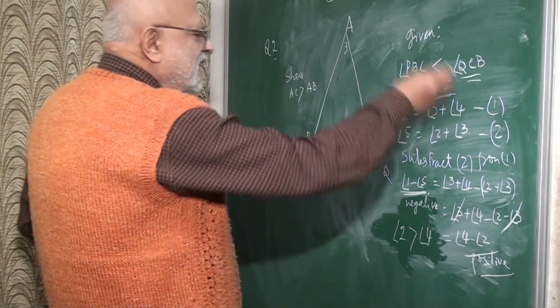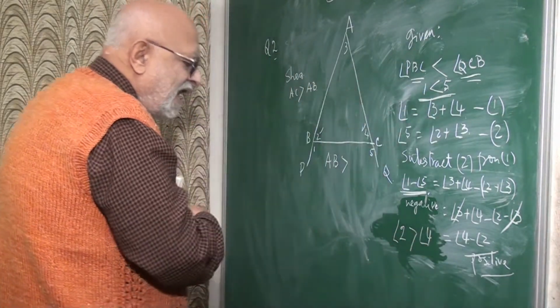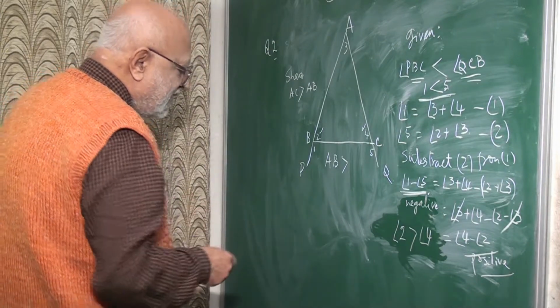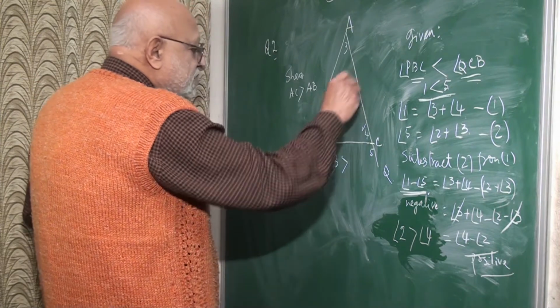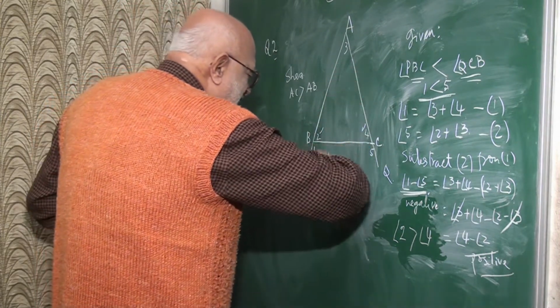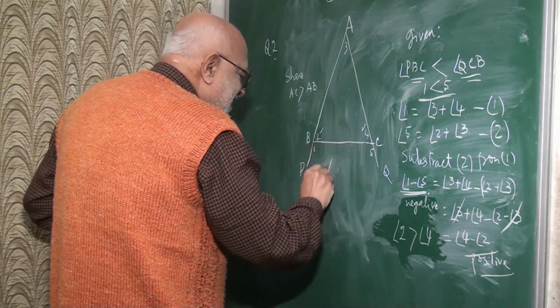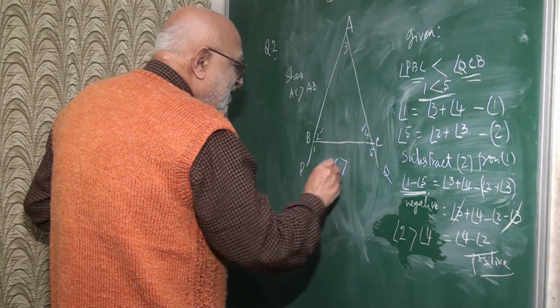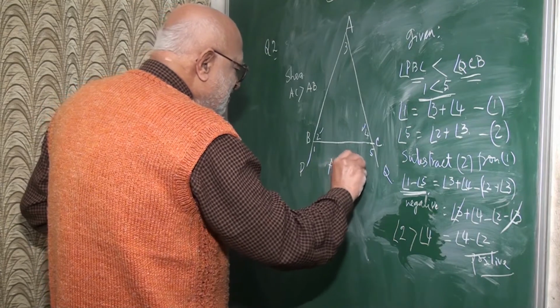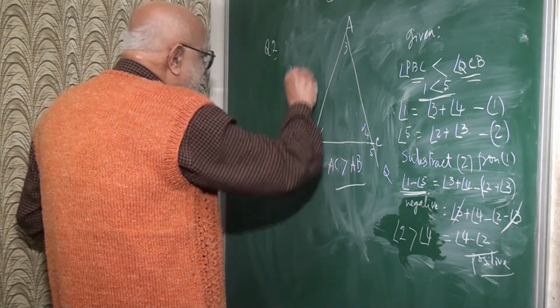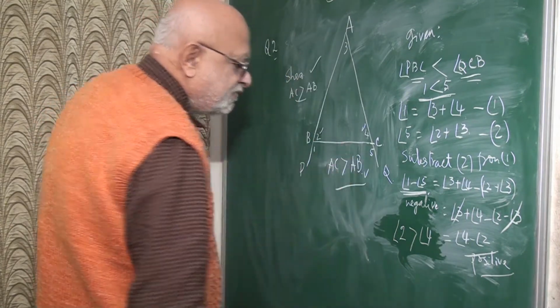If it was the other one, I could have done the same way. So angle 2 is greater, which means AC is greater than AB. So this is proven.